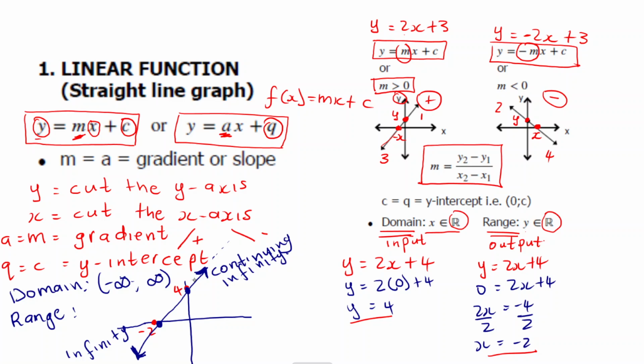That means all the values, negative 2, negative 3, negative 4, negative 5, negative 6, go forever to infinity. Also on the positive side, all the x values go on forever. All the y values going up there go forever, and all the negative values down there go forever. So this is the domain and that is the range. That means any value starting from negative 2 moving this way and negative 2 moving that way. So that's the domain and the range.